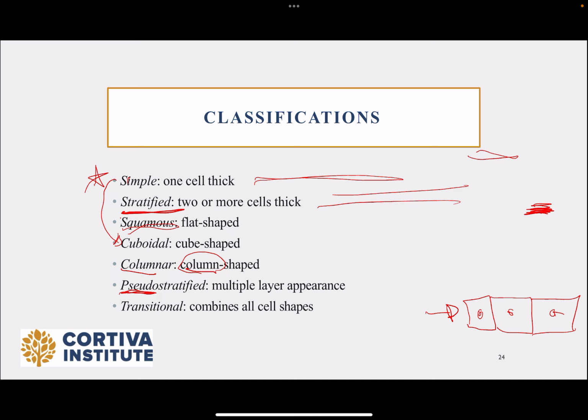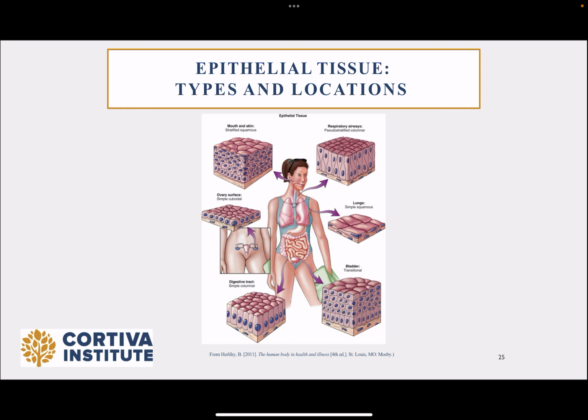For instance, sometimes you'll have cells that are kind of giving that they have more than one layer, but they really don't. It's just one layer. It's oddly shaped, so it looks like more than one. So fake stratified, right? And then transitional is going to combine all the cell shapes.